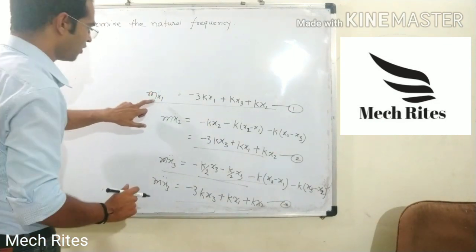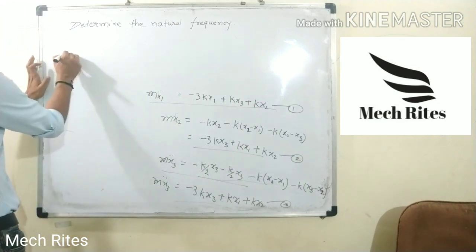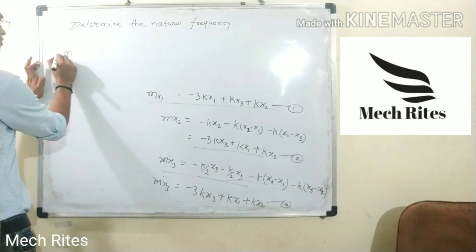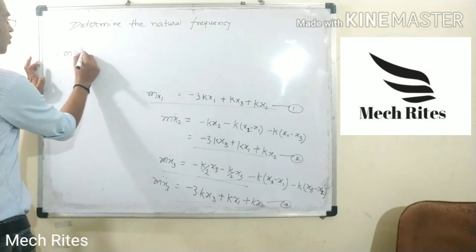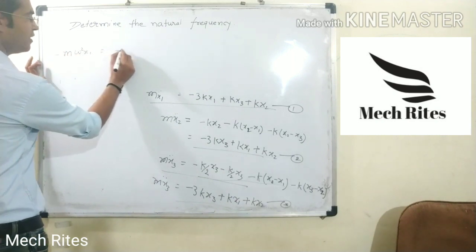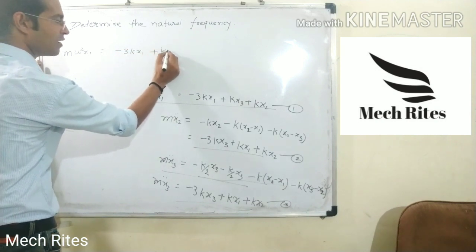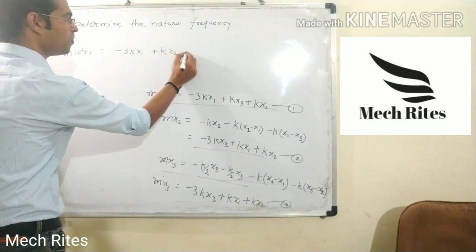If I put the value of x1 in the equation, m x1 double dot, for x1 double dot I will write minus m omega square x1, and the right hand side will be minus 3k x1 plus k x2 plus k x3.